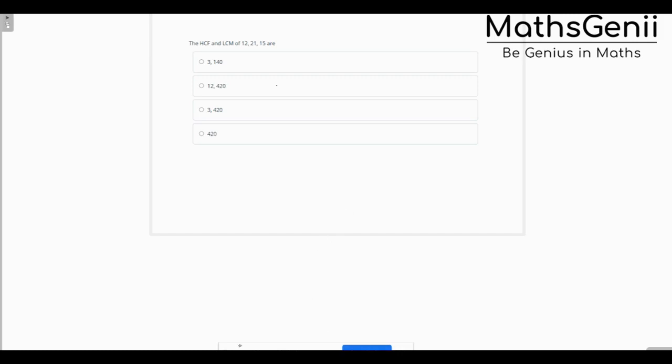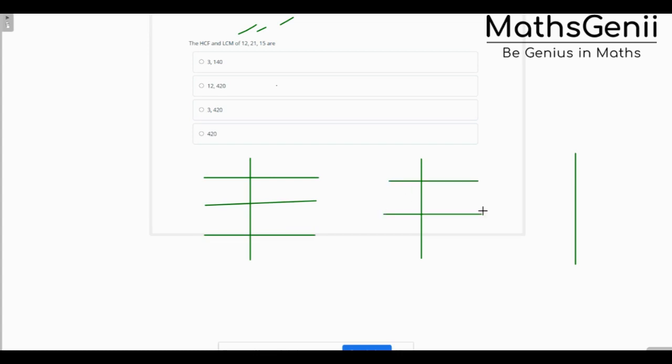So he has given me three numbers in the question, 12, 21 and 15. I'll apply the factorization method because that is a very simple method. Now let's factorize.